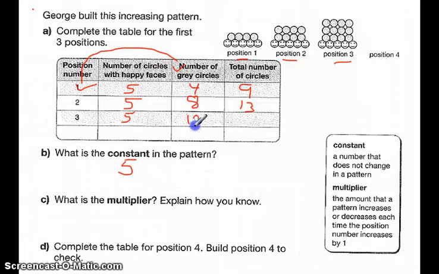So we've increased by another 4 here. 12 and 5 gives me 17. So what's my multiplier going to be? My multiplier is how many circles it went up each time. I can see that each time it went up by 4. So my multiplier is 4.